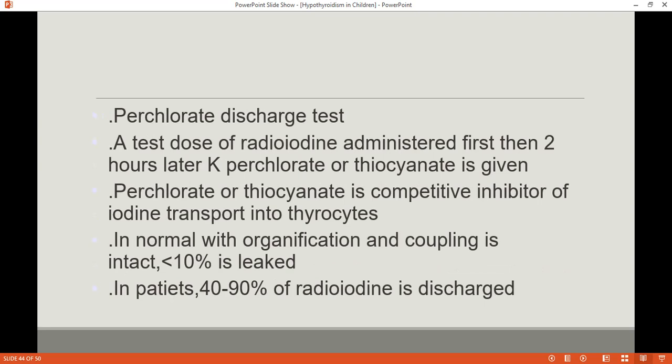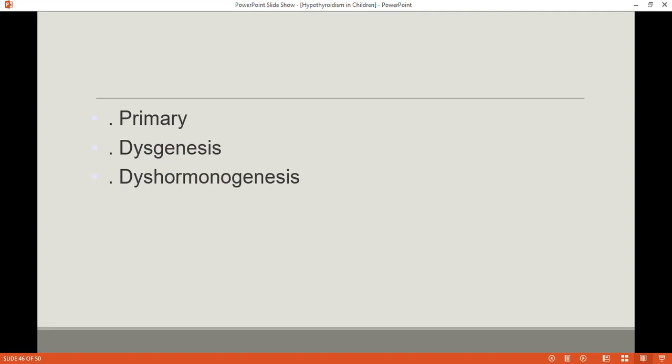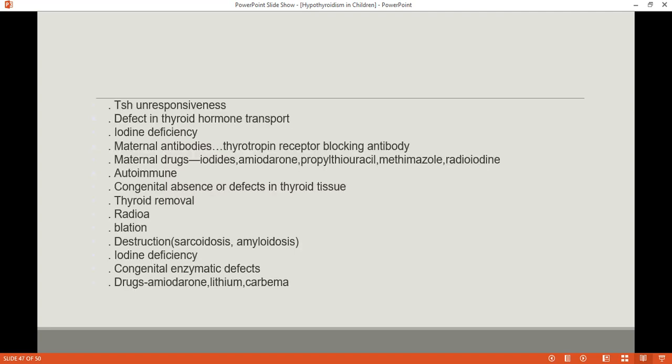This is the perchlorate discharge test; you can read about it in your textbook. Thyroid dysgenesis is 85% of permanent hypothyroidism and may be sporadic. Primary hypothyroidism includes dysgenesis and dyshormonogenesis, the congenital causes.